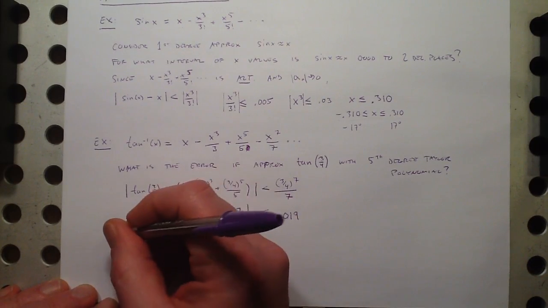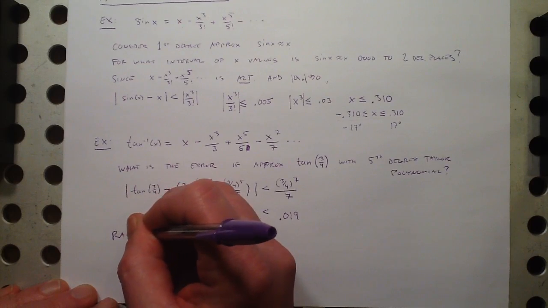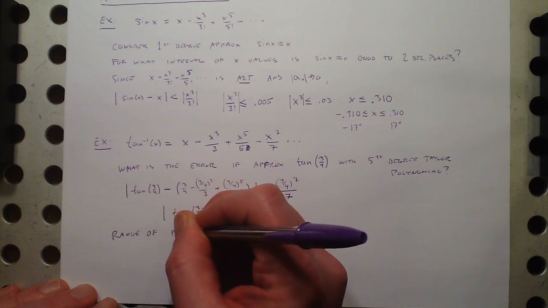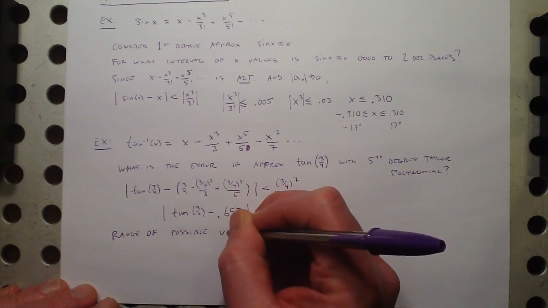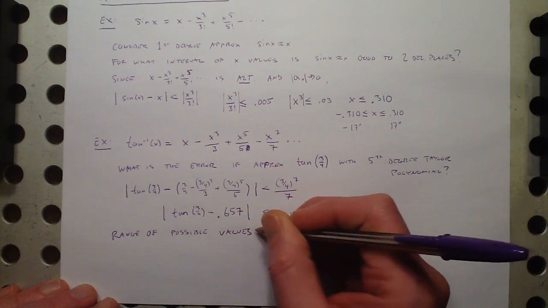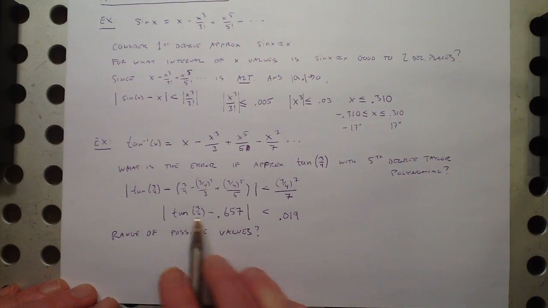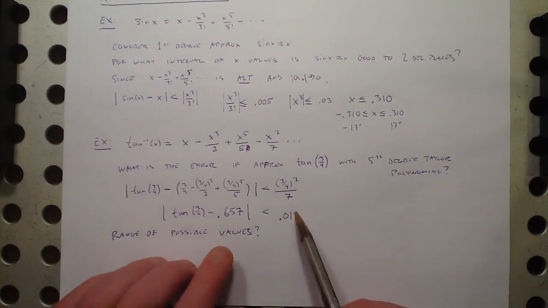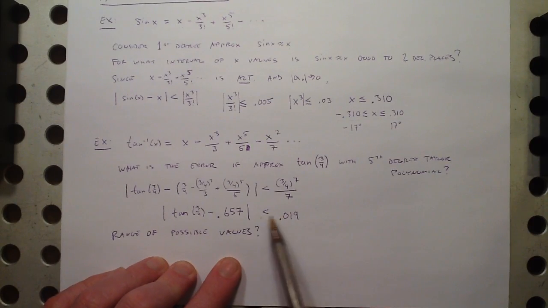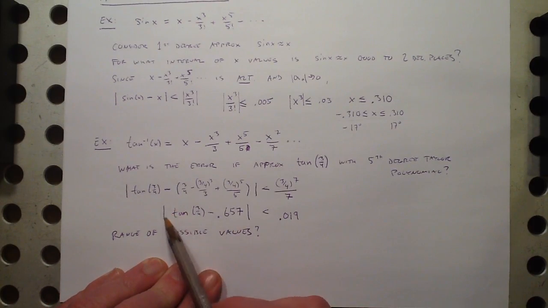So what's the range of possible values? I think this is an important thing to think about to understand what this says. It basically says we're not off by more than this in either direction because of the absolute value signs.